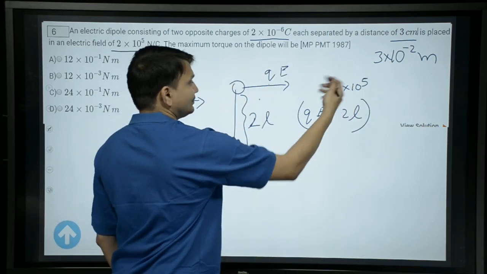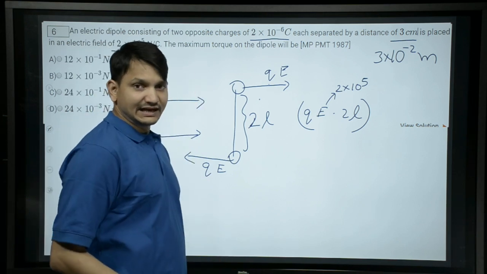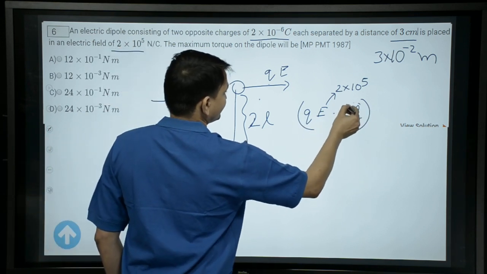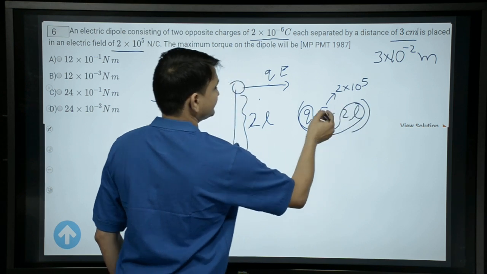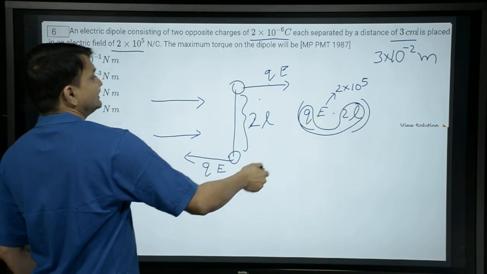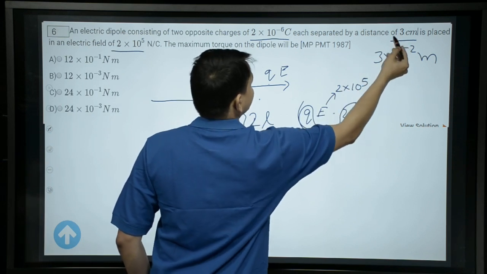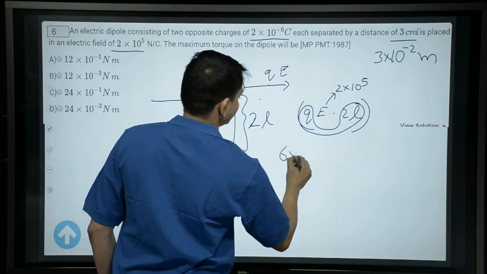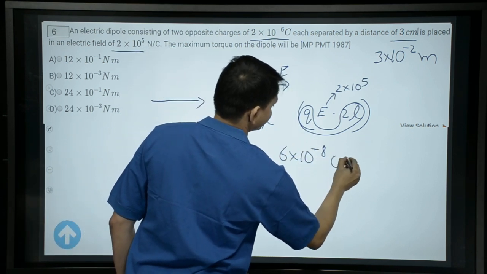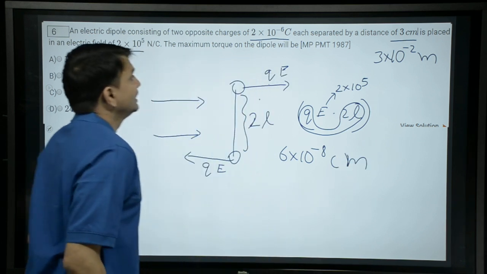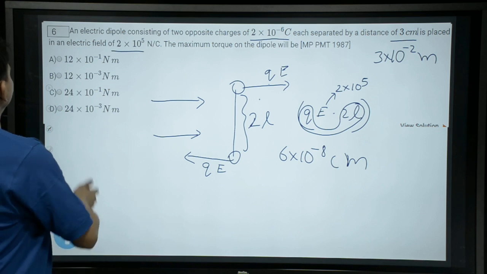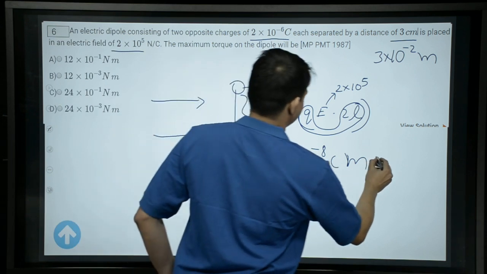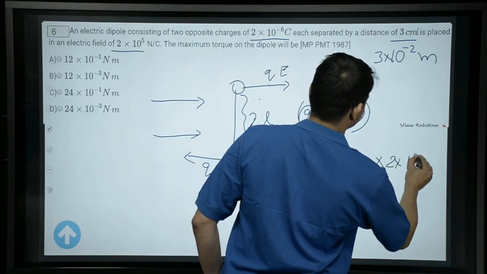Now equate all the three things and we get our maximum torque, and maximum torque is nothing but the dipole moment times the electric field. The dipole moment is 3 centimeter times this charge, that is what we are getting, 6 into 10 to the power minus 8 coulomb meter, and an electric field of 2 into 10 to the power 5 newtons per coulomb.